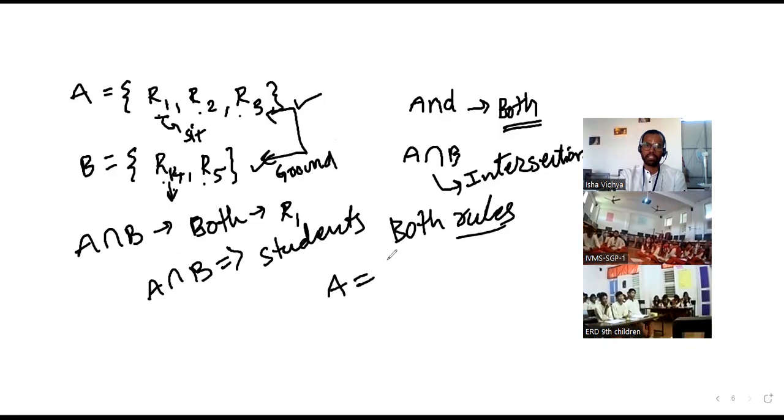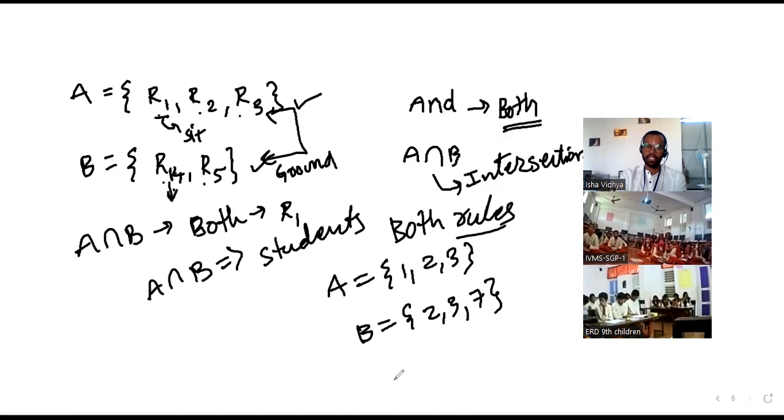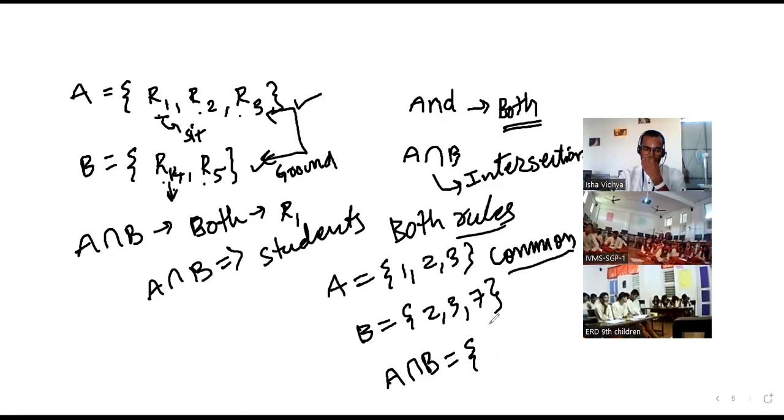Say A is equal to {1, 2, 3}, let us talk about numbers, and B is equal to {2, 3, 7}. In this case, what is A intersection B in mathematical terms? It is the elements which are common to both, that we will write.